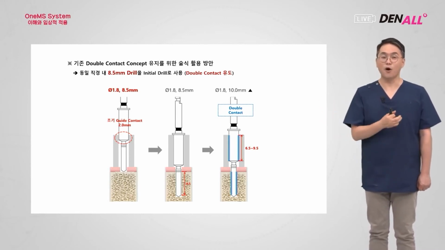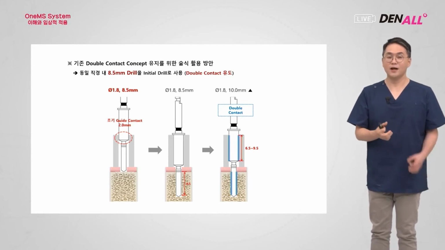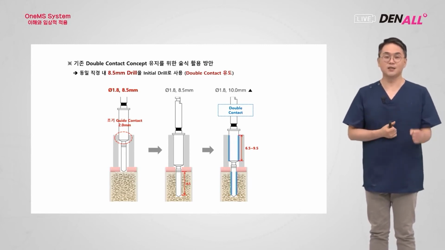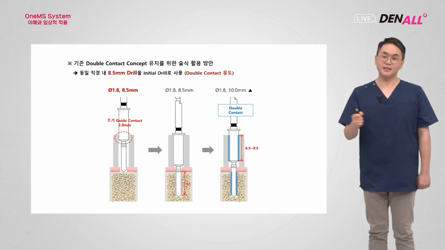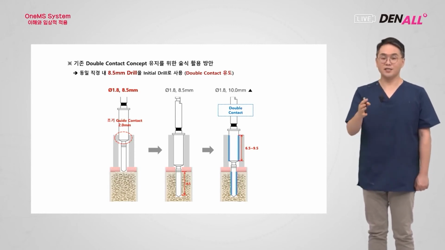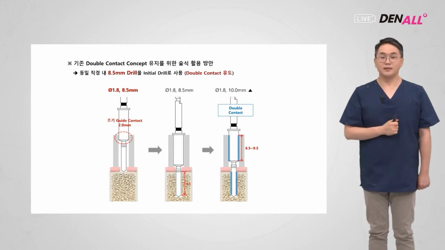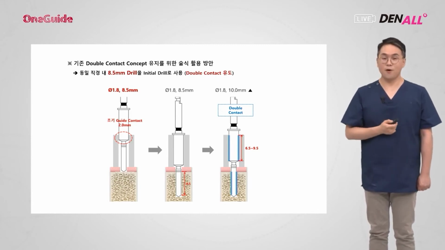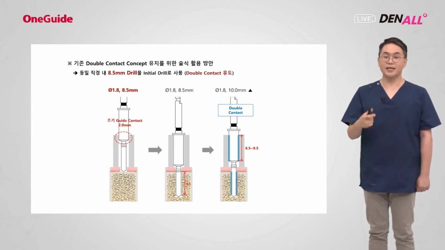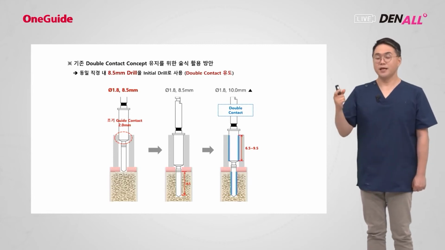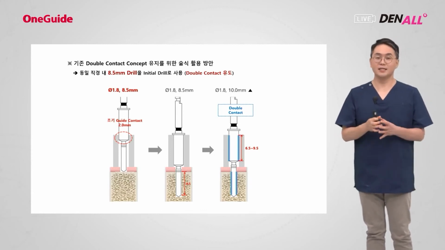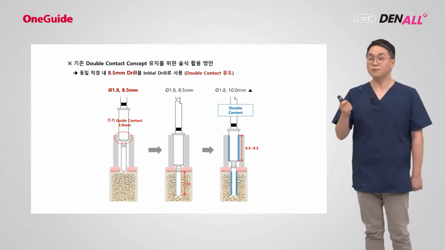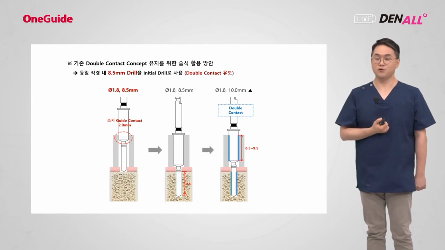In the OneGuide kit, diameters were extended. You use the initial drill and then F3.5, 4.0, 4.5. So you increase diameter, but in the OneMS kit, not diameter but length will be increased, because you go with a 1.5 or 1.8 drill and place a 1.5 diameter MS implant. So you don't have to increase diameter, you just increase the length.